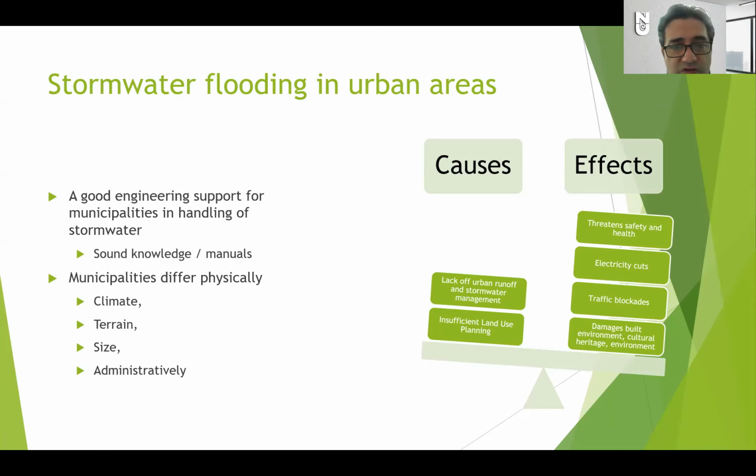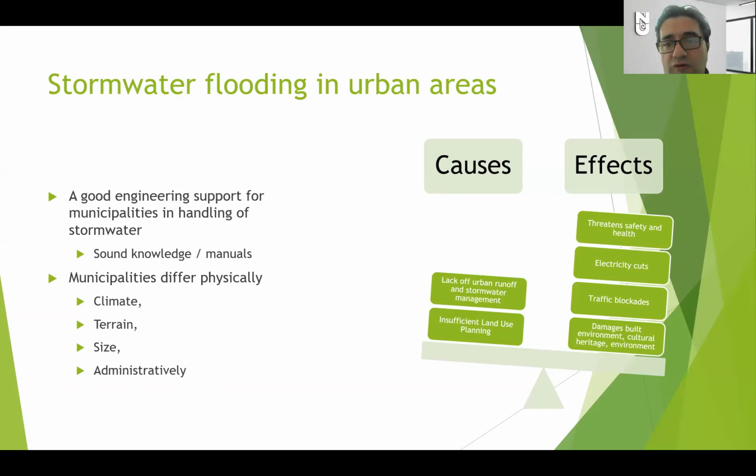And it is our responsibility as civil engineers. We have to provide the best engineering skills for the given problem, and the given problem for Kazakhstan is flood. There are lots of flooding problems everywhere. It means that most of the cities are not well managed, not designed well. As you are engineers of the future of this country, you are responsible to make more sustainable urban infrastructure designs, focusing on good urban runoff and stormwater management, and making good and sufficient land use planning.